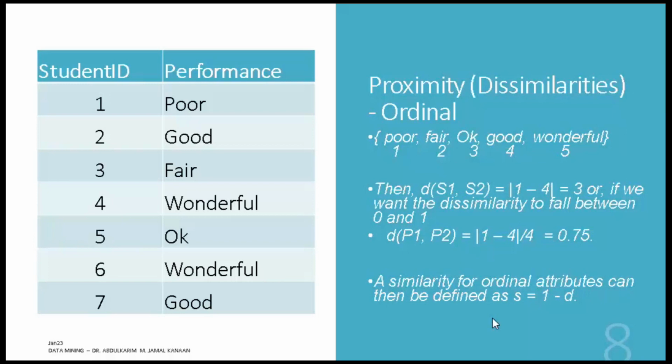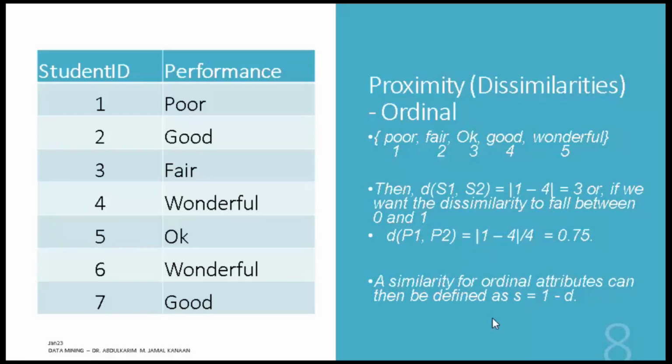Then 1 minus 4 with absolute value, because here you're going to get negative, divided by 4 is going to be 0.75. That means these students are different by 75% in terms of performance. It makes sense. How about if we take student 1 and 4?